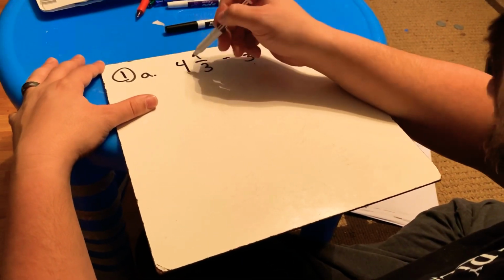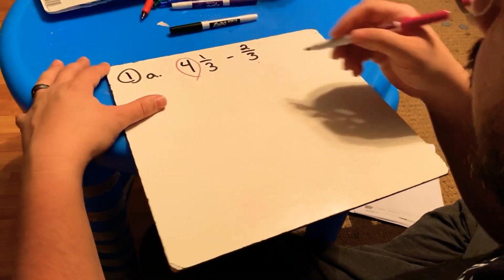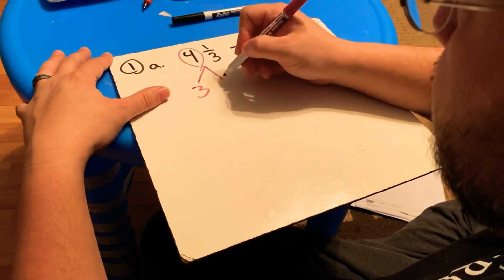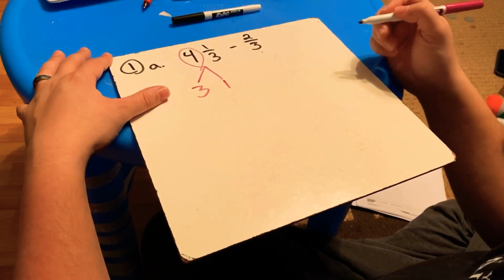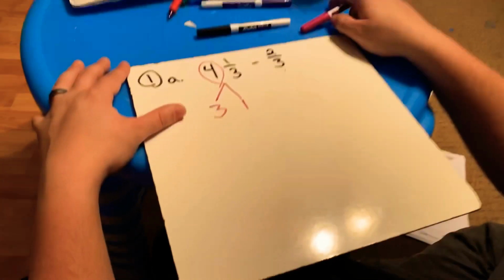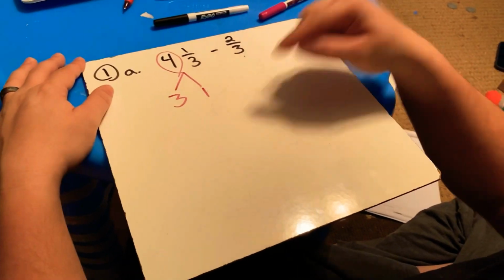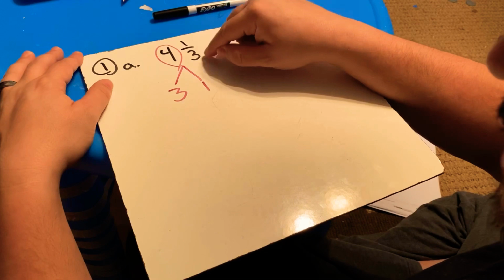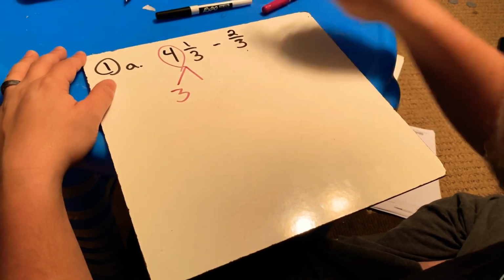Let's look at my whole number, 4, right here. 4 is the same thing as 3 and 1, right? 3 plus 1 is 4. But we also know that this 1 whole is the same thing as, how many thirds? 3 thirds.